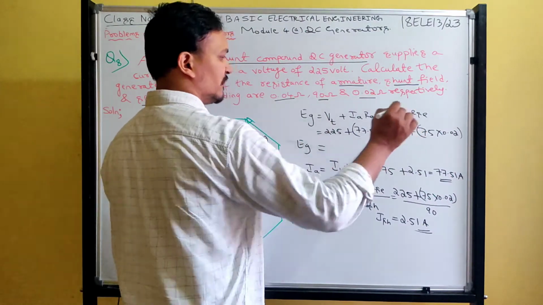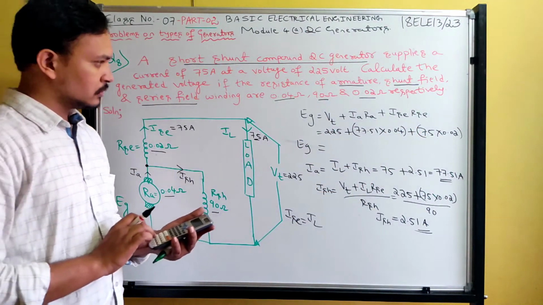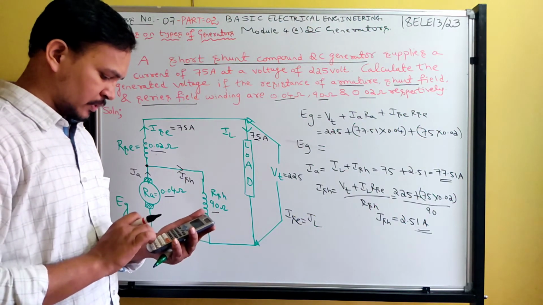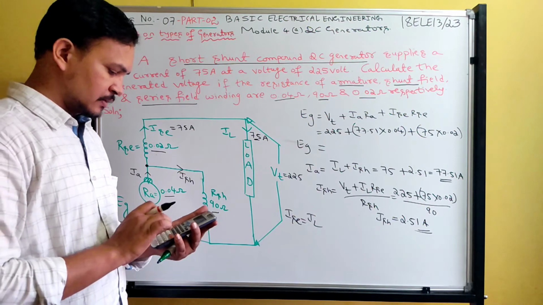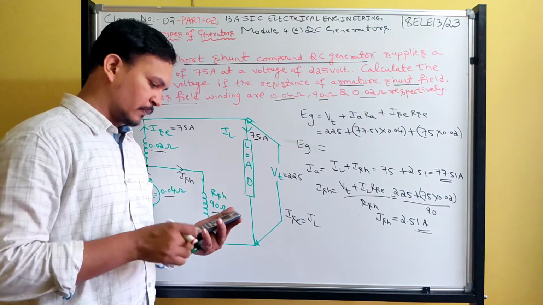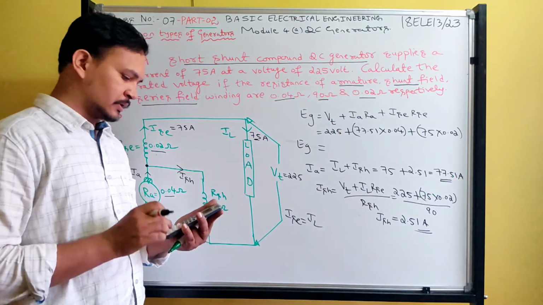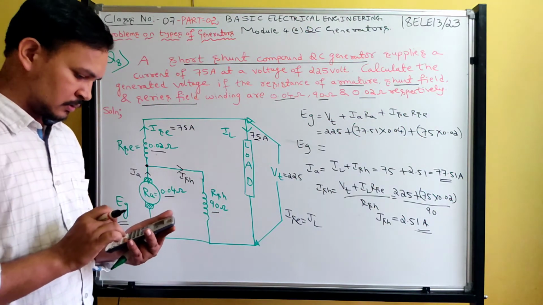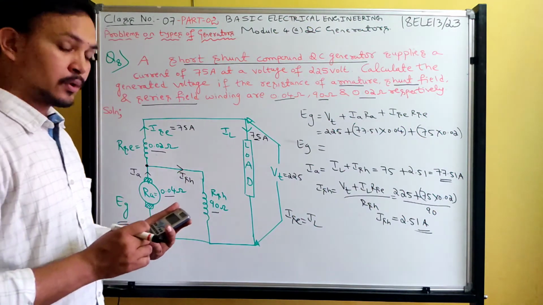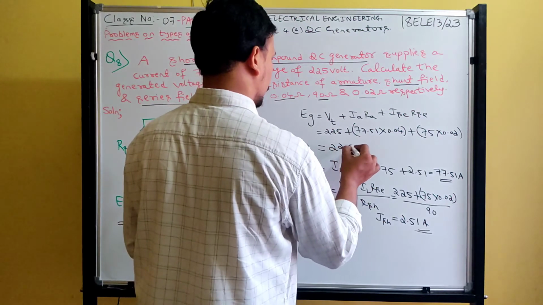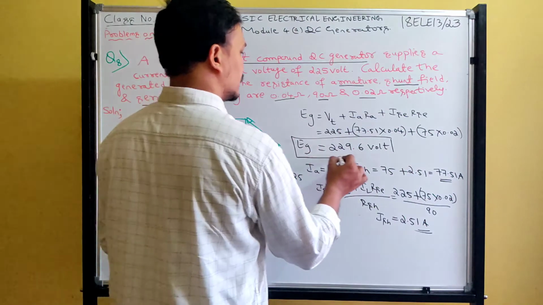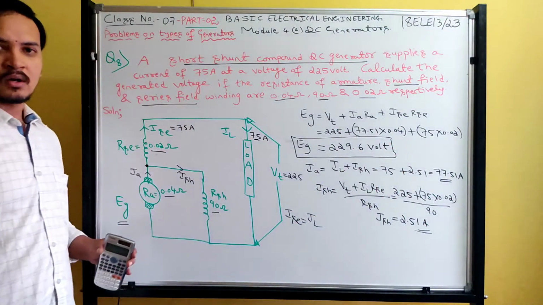Now simplify all this in a calculator, then you will get the correct answer. 225 plus 77.51 into 0.04 plus, do along with me, 75 into 0.02. By doing this, we got the answer 229.6 volt. So this is the generated voltage for the given question.